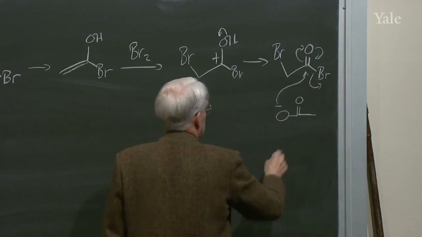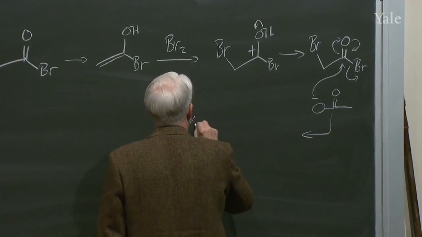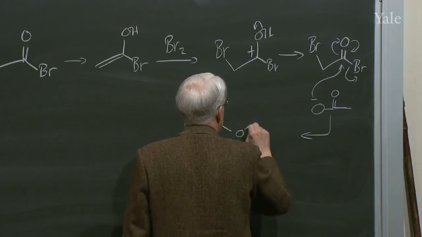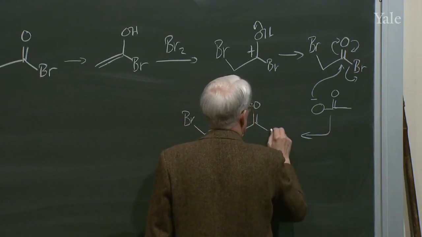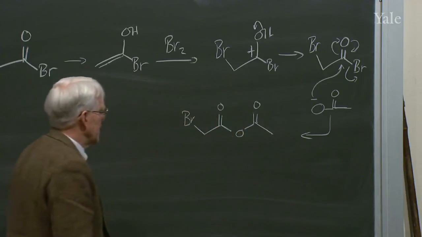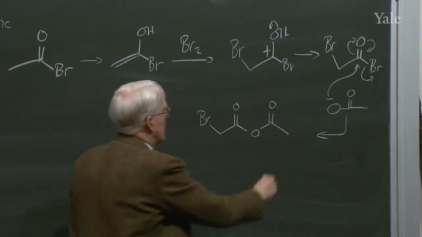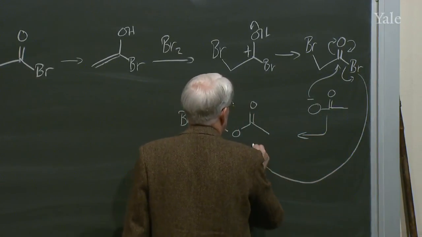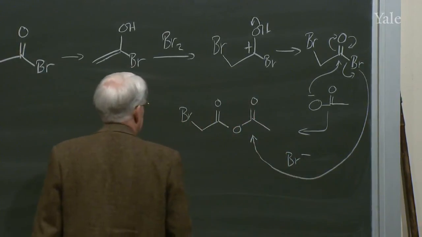So it displaces the bromide, and we have the brominated product, but now in the form of an acid anhydride. Okay, a different acid derivative. But we also have bromide, which can attack here.